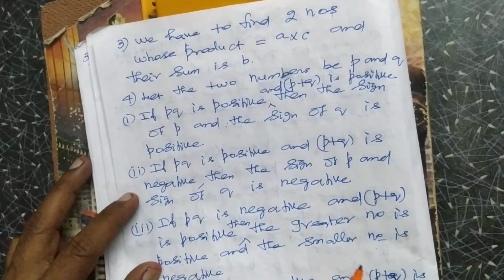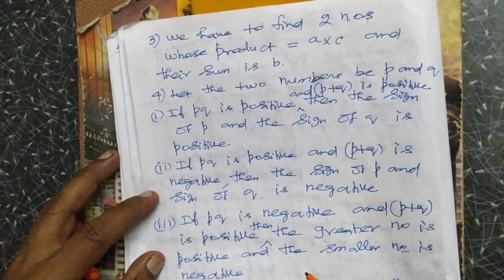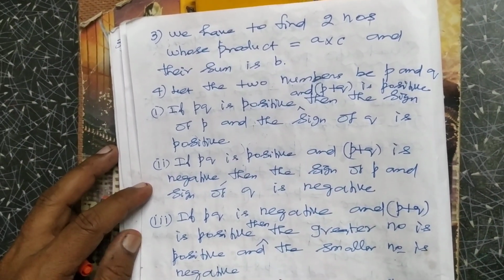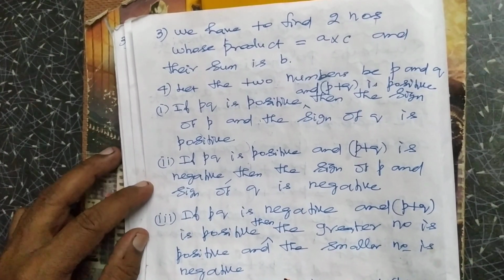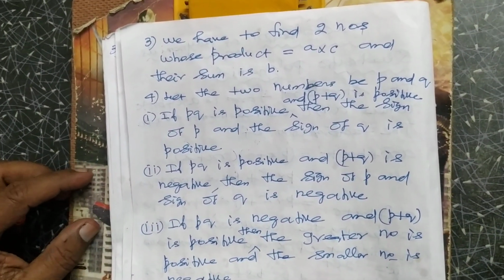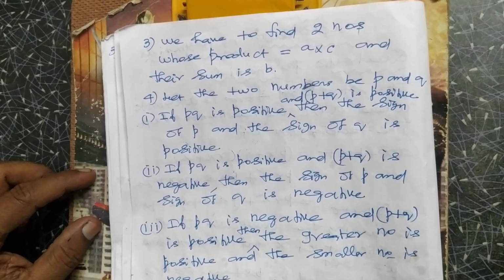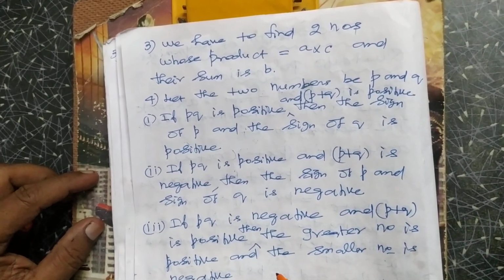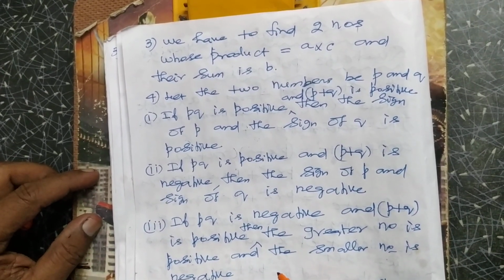That will be the product of two numbers, and their sum is b, the coefficient of x, that is the middle term. That is explained in the previous paragraph. Then let the two numbers be p and q.